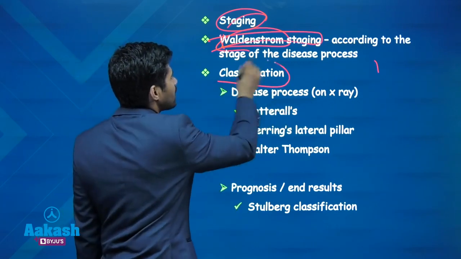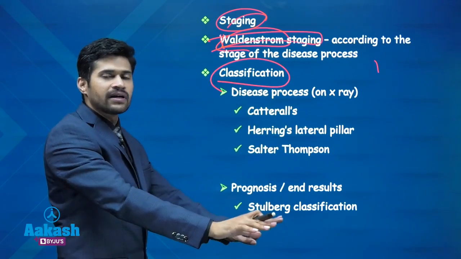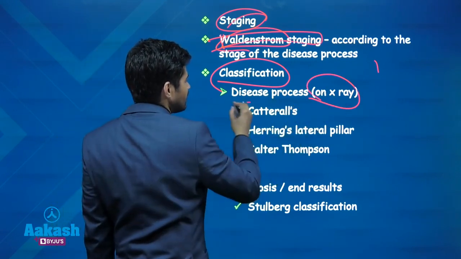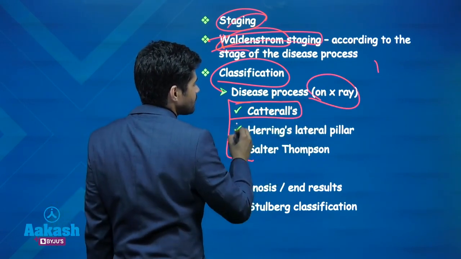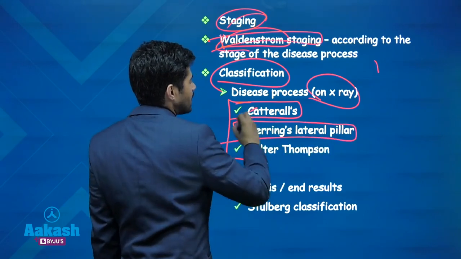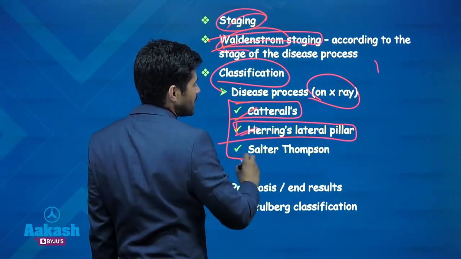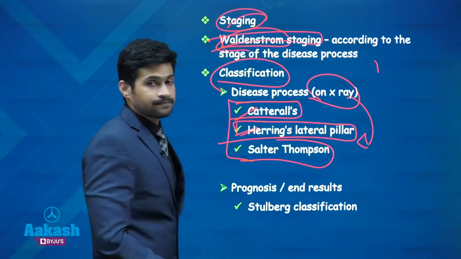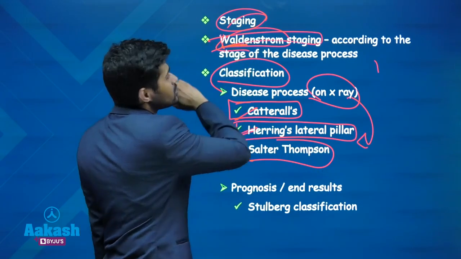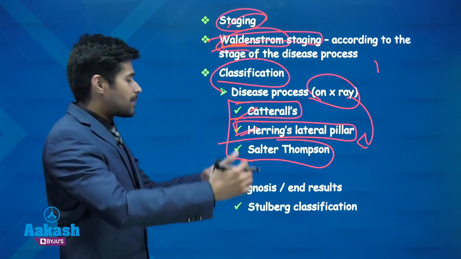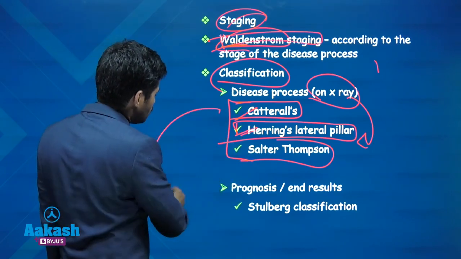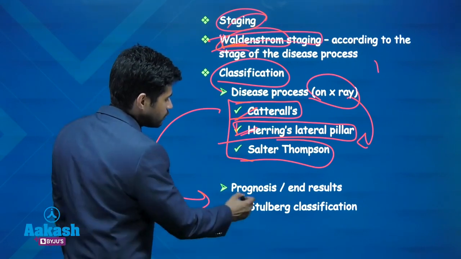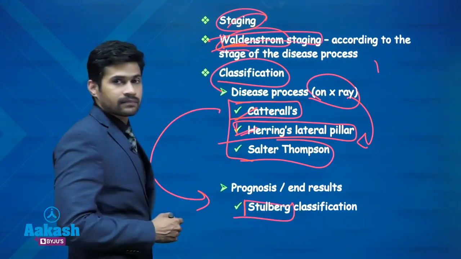And if we want to classify the disease at the time of presentation, when the patient comes to us, we get an X-ray and then we classify according to one of these three classifications: Catterall system, Herring's lateral pillar and Salter-Thompson. So these are classifications at presentation. This is staging of the disease, how the disease is progressing. And if we want to predict the prognosis at the end result, then we have to use the Stulberg classification, right?